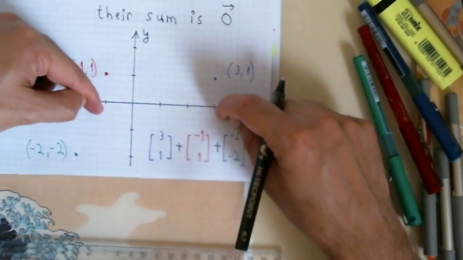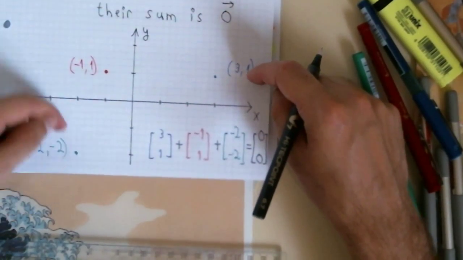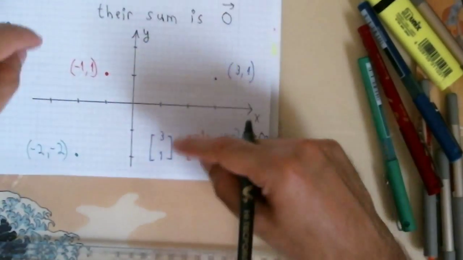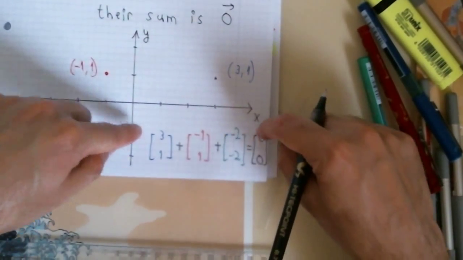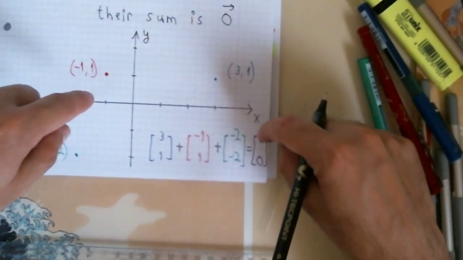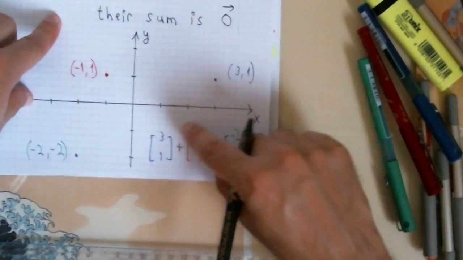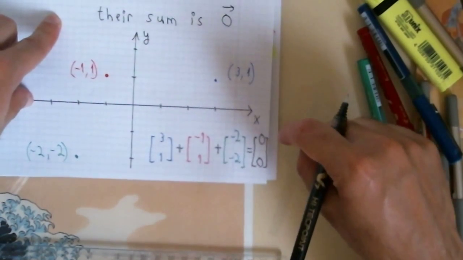So 2 steps upwards, and then 2 steps downwards. So in this specific example, all these points add up to 0, 0.